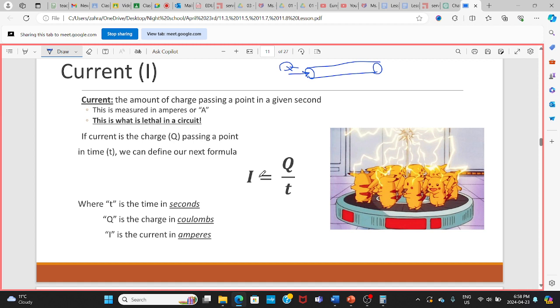More charges passing means you have a high current. Time is in second, Q is in coulombs, I is the current in ampere. So the unit for current is ampere.